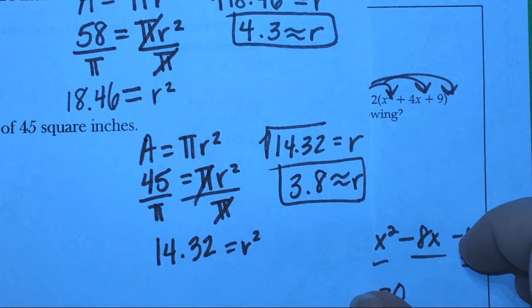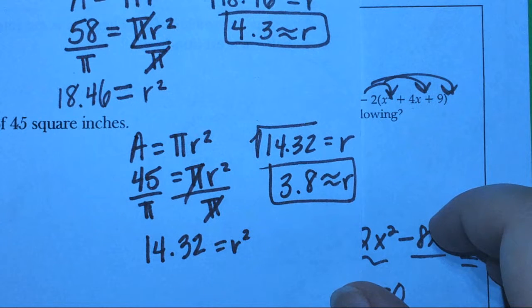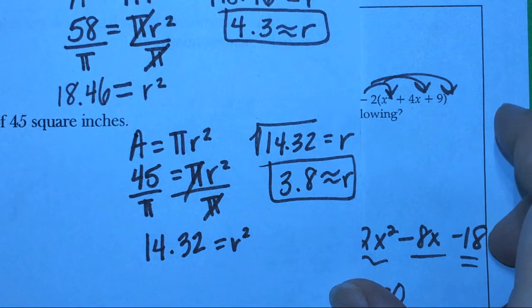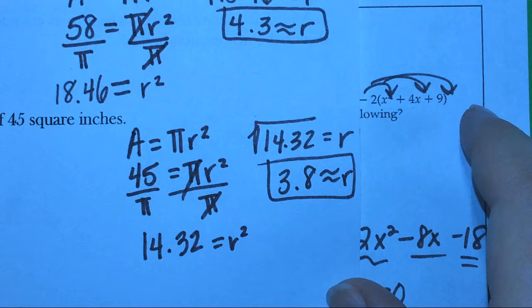Good. I'll give everyone else another second to get it together, and then I'll show you what I did too. Just like Derek, I got 3.78, and I just said that was 3.8.